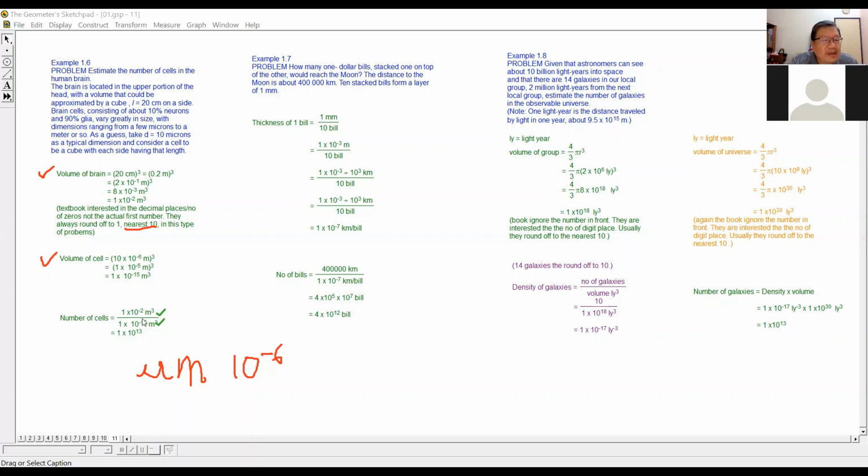So it becomes negative 2 minus negative 15, which is actually negative 2 plus 15. That's why we have positive 13 there. Is this okay?